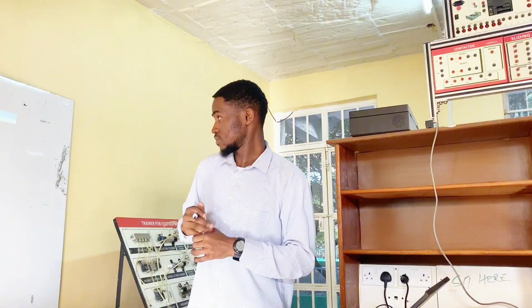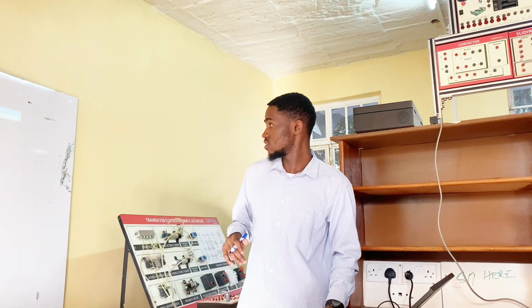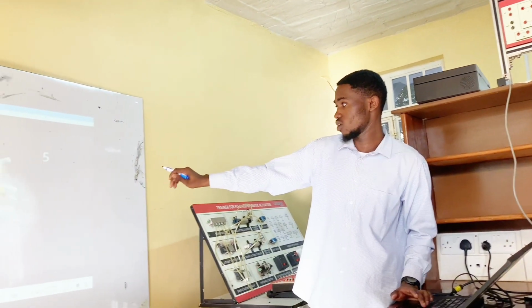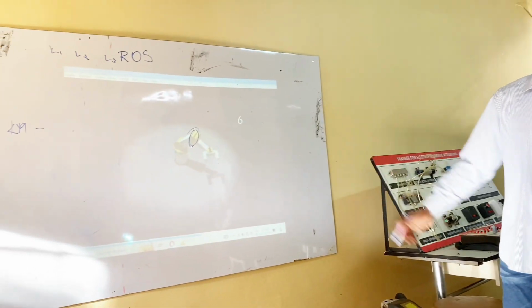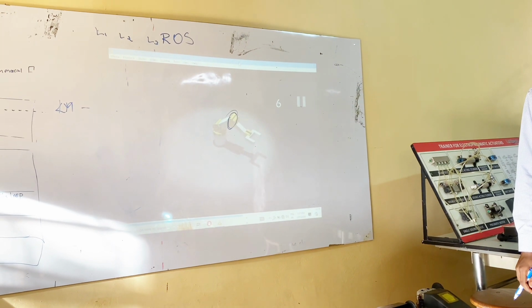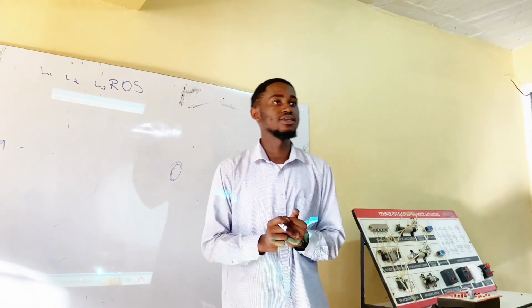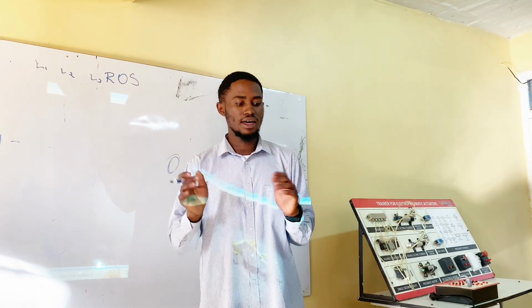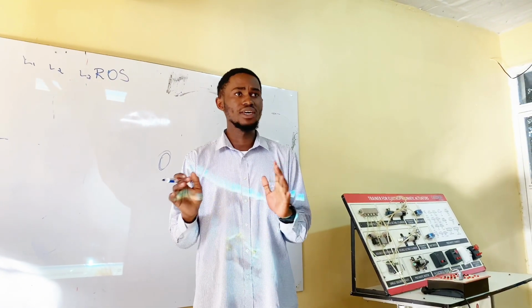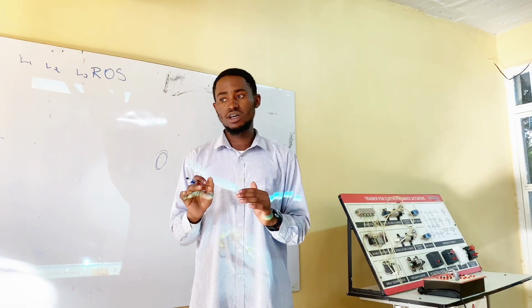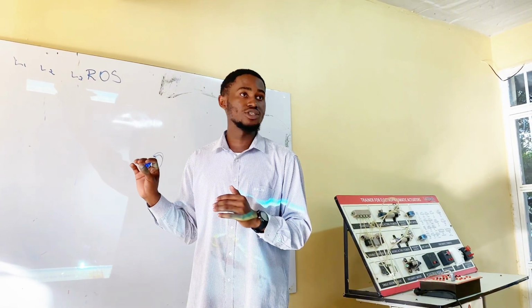So you have that 3rd degree of freedom, the 4th one and the 6th one. Imagine having 6 degrees of freedom; that is already a lot.